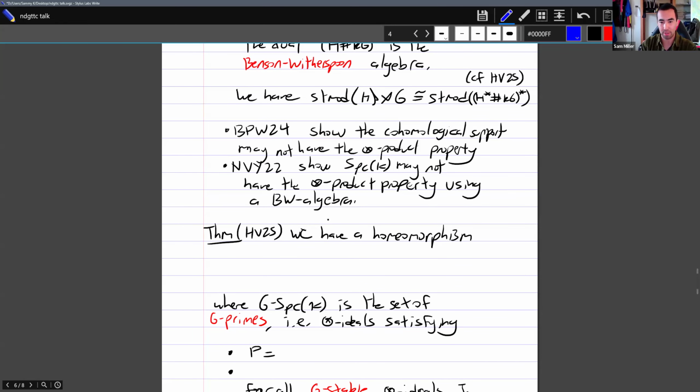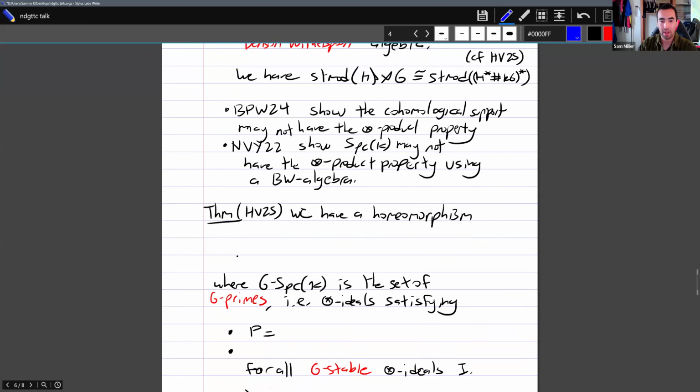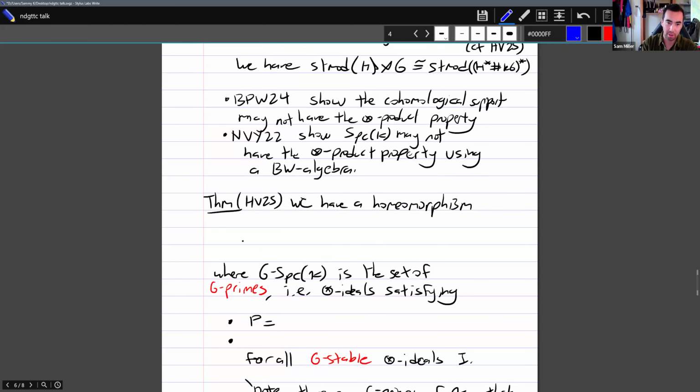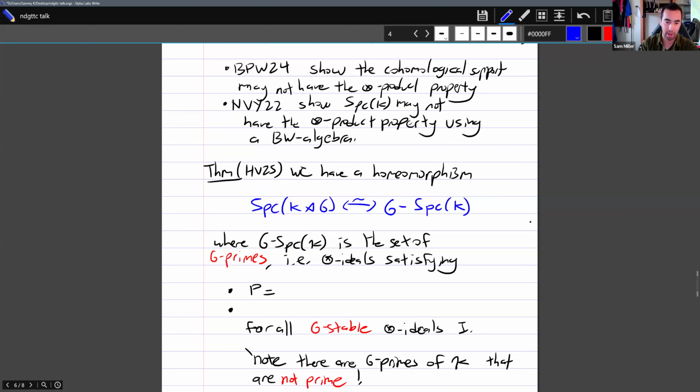these Benson-Witherspoon algebras. And so Huang and Vashaw show in a more recent paper that we have a homeomorphism. So they classify what all the primes are, between spec K cross G and G spec of K, where G spec of K is the set of G primes.